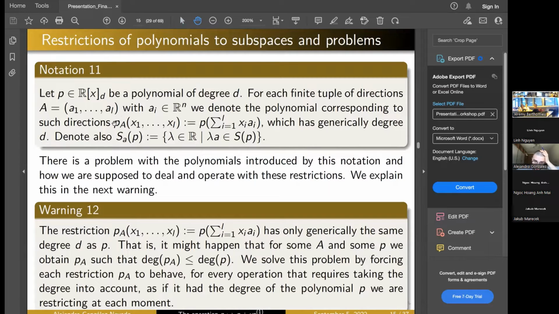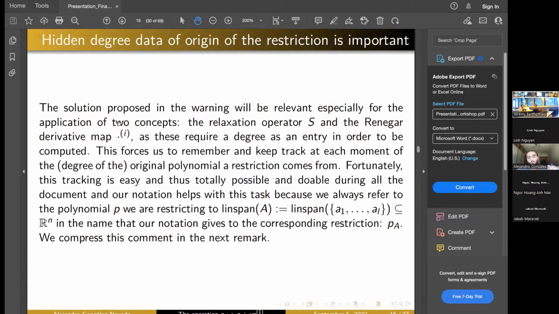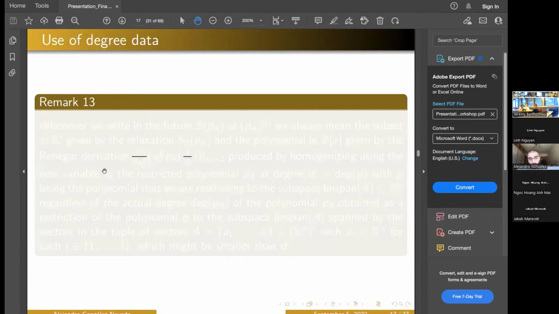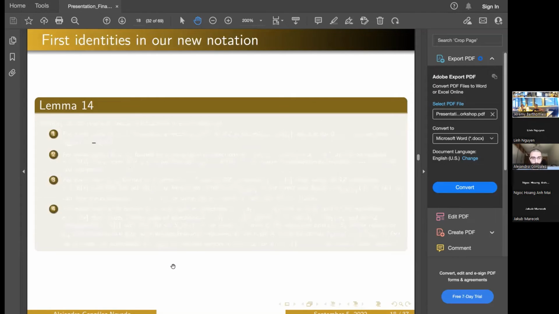Always, even when PA might have a smaller degree, and then you take the derivative. So here with respect to that variable, here you see what is the problem that could happen. If you homogenize with respect to a different degree, then when you change the plane to which you are restricting, you might have completely different polynomials because you are taking derivatives with respect to different exponents. So this is what we want to avoid.